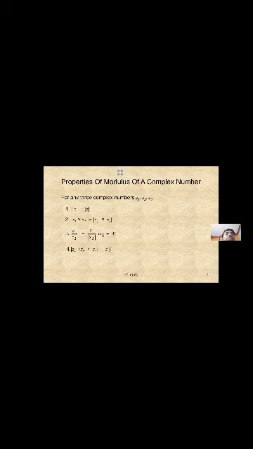Fourth, modulus of z1 plus z2 is less than or equal to modulus of z1 plus modulus of z2. Fifth, modulus of z1 minus z2 is greater than or equal to modulus of z1 minus modulus of z2.